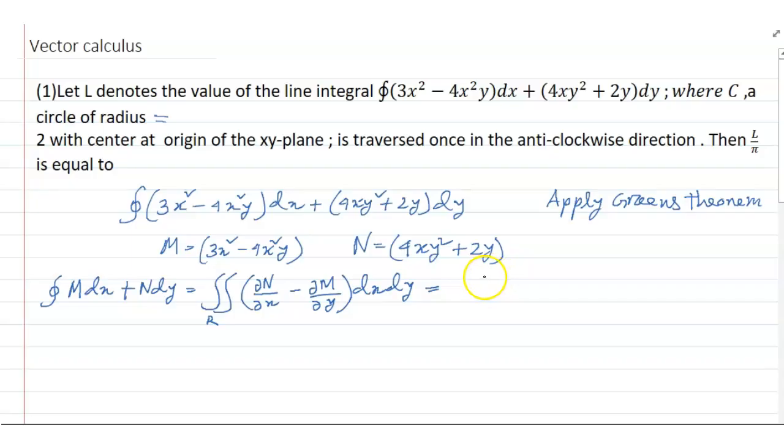So friends, ∂N/∂x is equal to 4y², and ∂M/∂y is equal to minus of minus 4x², and dx dy.